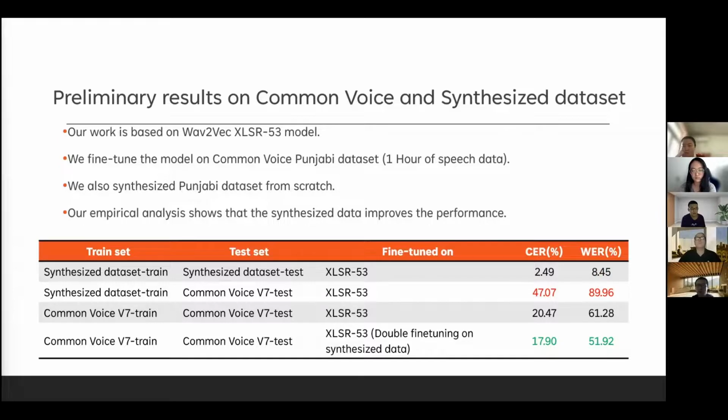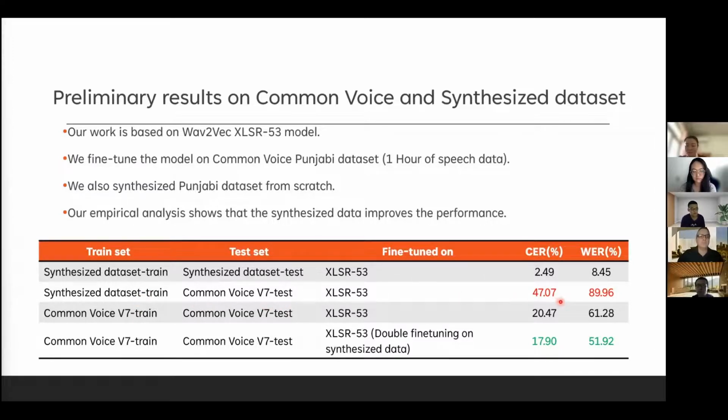But the synthesized result alone is not very significant because the data set has a very monotonic voice, because it is not a natural voice. The model that we have generated has only one female voice. So the model that we have just trained is very speaker dependent, with just one speaker. We can prove that: we train the model on synthesized data, and then we test the model on the Common Voice test set. Here you can see that our model failed to generalize on the Common Voice test set.